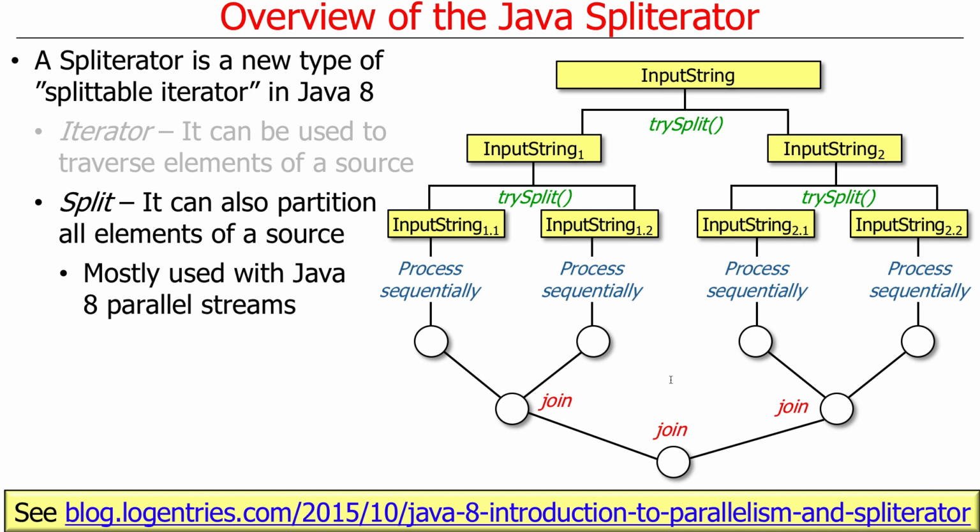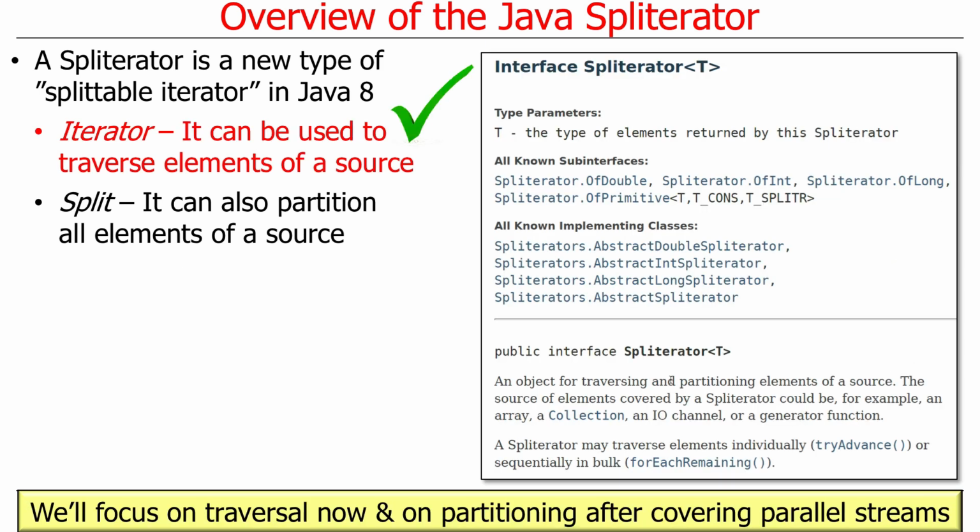And we'll talk more about that later. So the key point is that splitting really is used with parallel streams. The iterator part of Spliterator is used for everything, sequential streams as well. We're going to focus on the iterator part first, and then later we'll talk about splitting.